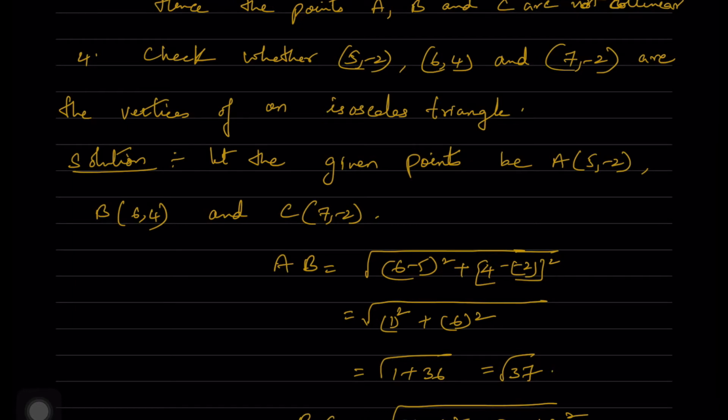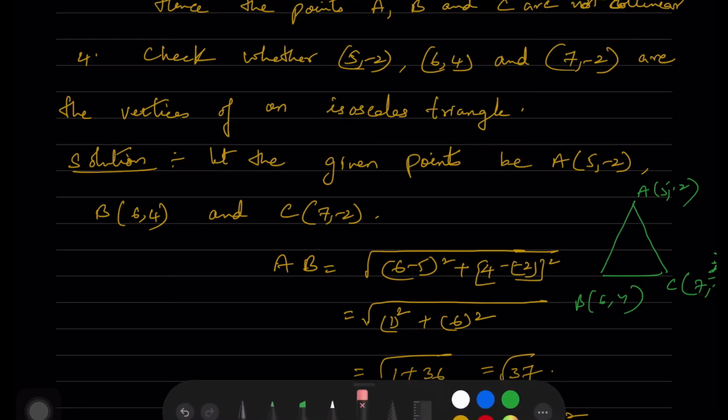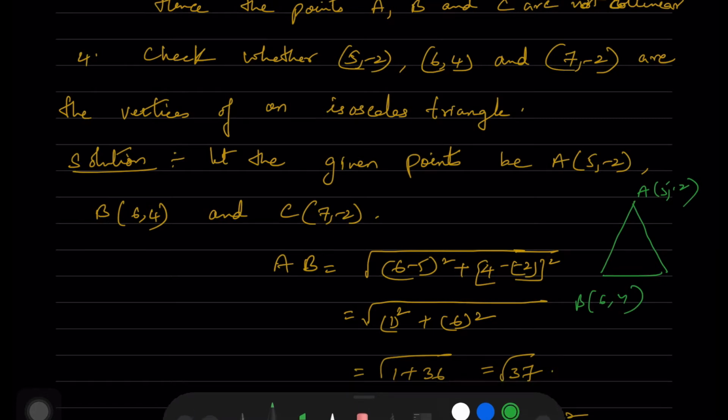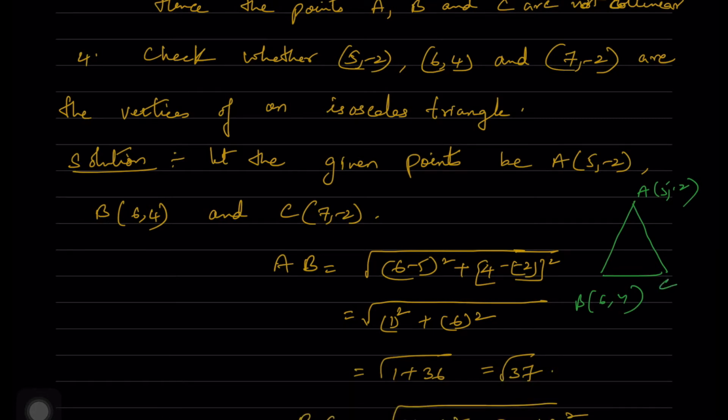After finding out, we'll see. We are having the coordinates A 5 minus 2, B 6 comma 4 and C 7 comma minus 2. So these are the coordinates.